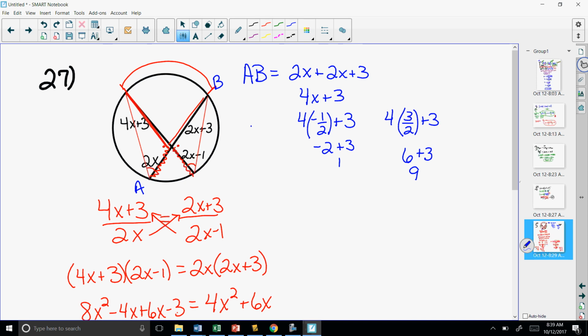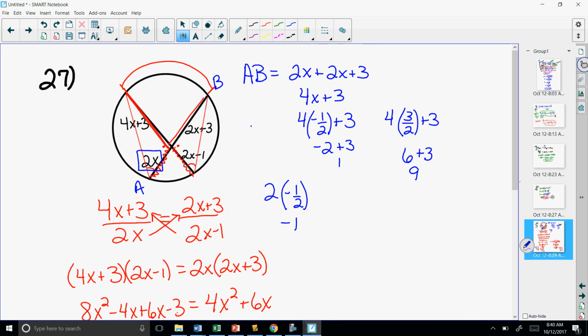I want to point out that if I just look at this part right here, that 2x, that's a length of a segment, right? If x happens to be negative 1 half, what does this piece of segment become? Negative 1. Can that distance be negative 1? No. So what does that tell you about negative 1 half as a solution? It does not work.